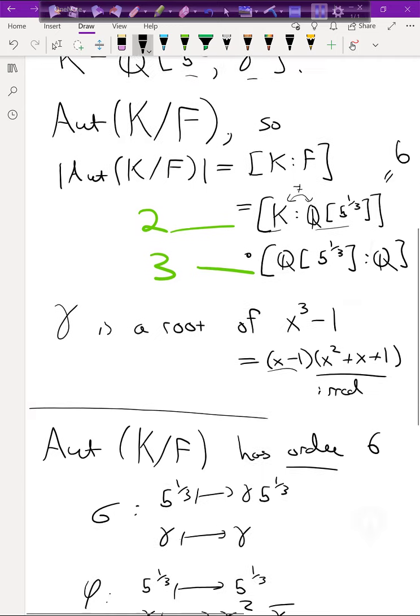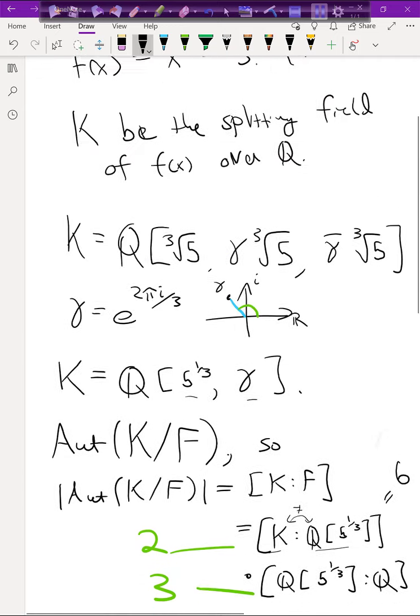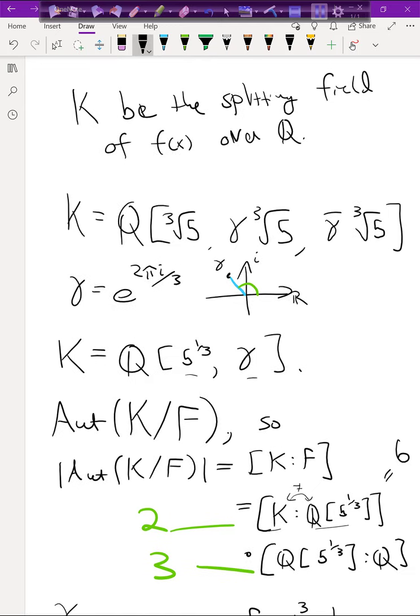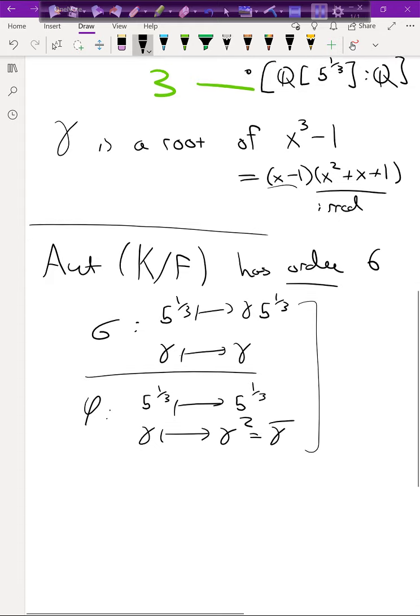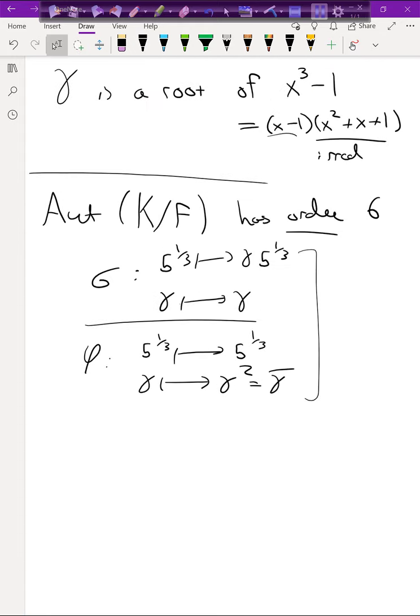There's only 3 possibilities there, and it has to send gamma to gamma or gamma bar, which is gamma squared. And so there are only 6 possible automorphisms. That way we found them all. I'm just giving names to 2 of them. These are just 2 important automorphisms here.